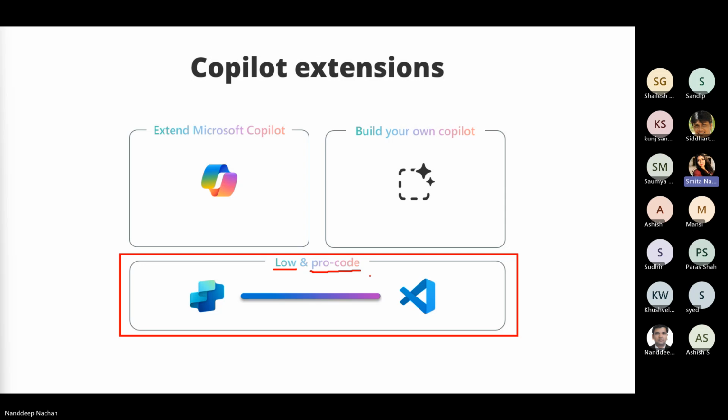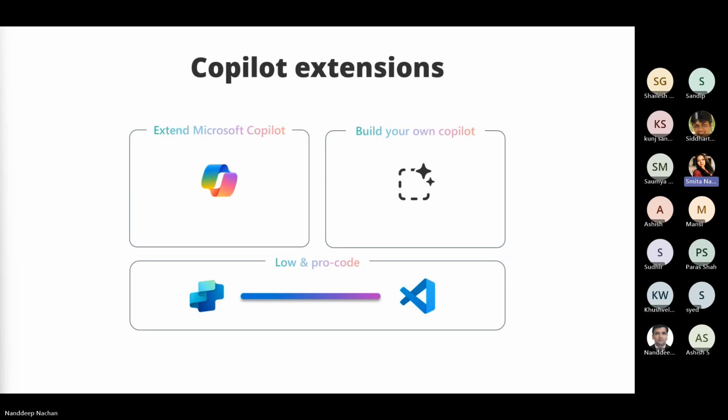This allows for fine-grained control over Copilot's capabilities, enabling integration with complex systems and additional customization through code. Together, these options ensure that whether a user is a business analyst, a power user, or a developer, they can contribute to and enhance the Copilot experience in ways that suit their technical expertise.